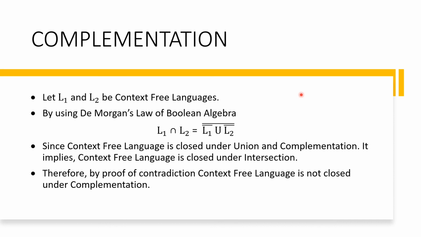But since context-free language is closed under union and complementation, it implies context-free language is also closed under intersection. But before, we have proved that context-free language is not closed under intersection. Therefore, by proof by contradiction, context-free language is not closed under complementation.